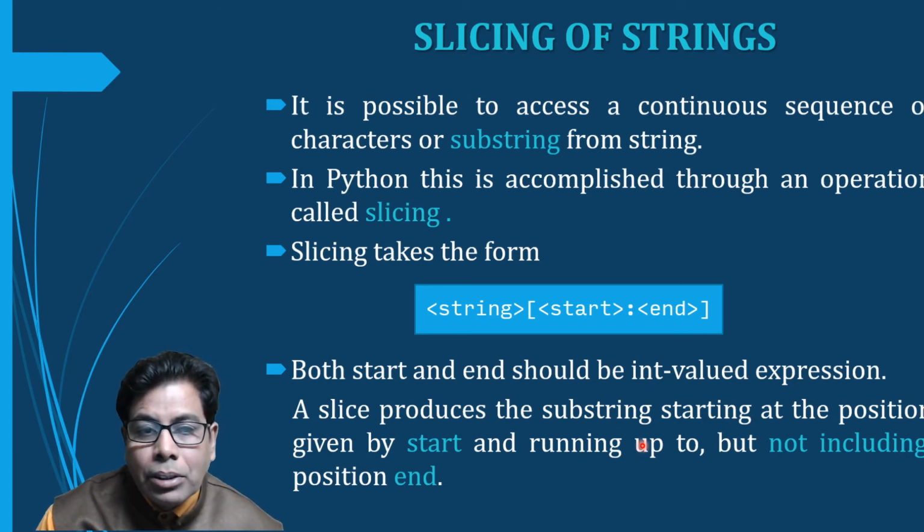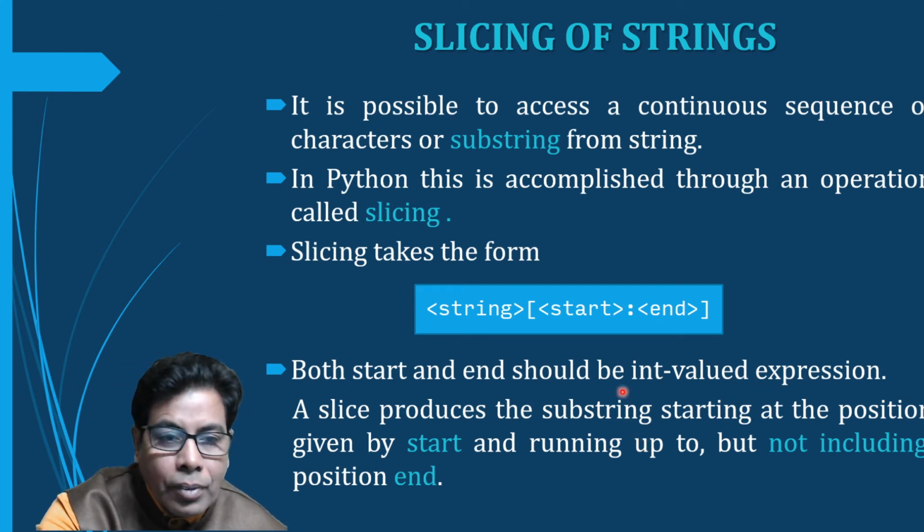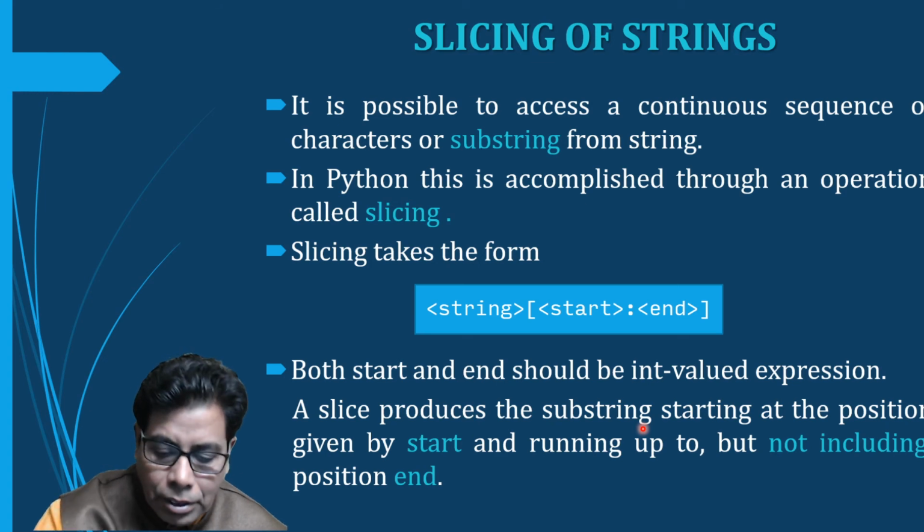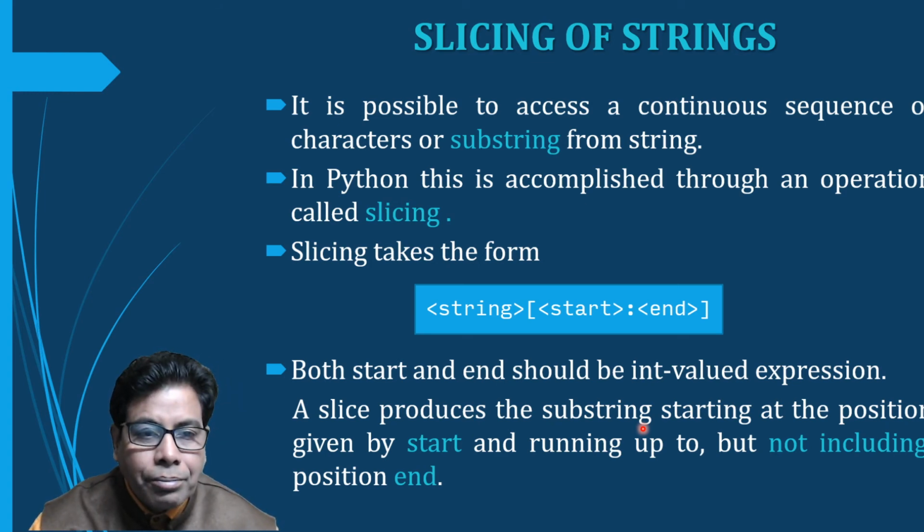So this is very important. It will not include the end position. So if you are giving start as 1 and end as 5, position 5 will not be included in the slice. When we take examples, it will be more clear.